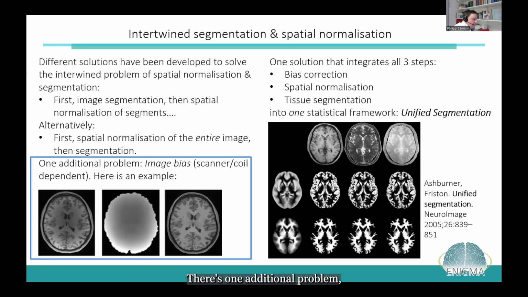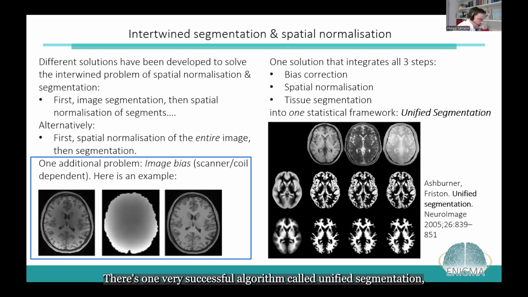There's one additional problem called the low frequency image bias caused by scanner and coil features of the MRI system. So typically the areas in the center of the brain are darker than the outer regions. And so this drop of the signal has to be taken into account.